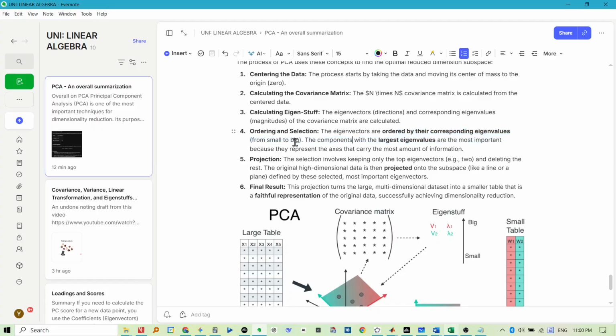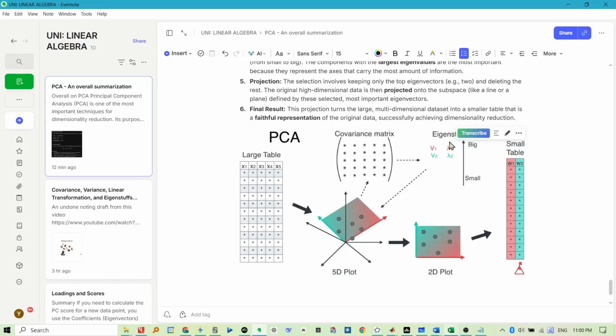Sorting from big to small or small to big is the same. The eigenvector that has the biggest eigenvalue will carry the most amount of information. We have discussed this: eigenvalue equals variation.